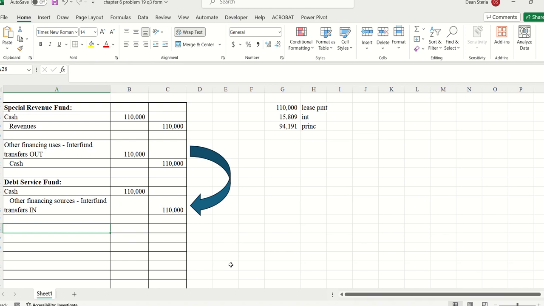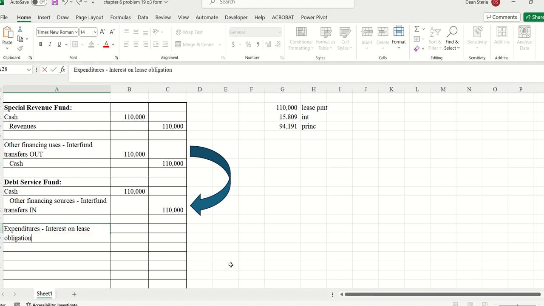And then we make the payments. We have expenditures, interest on lease. And then we're going to have expenditures, principal on the lease.